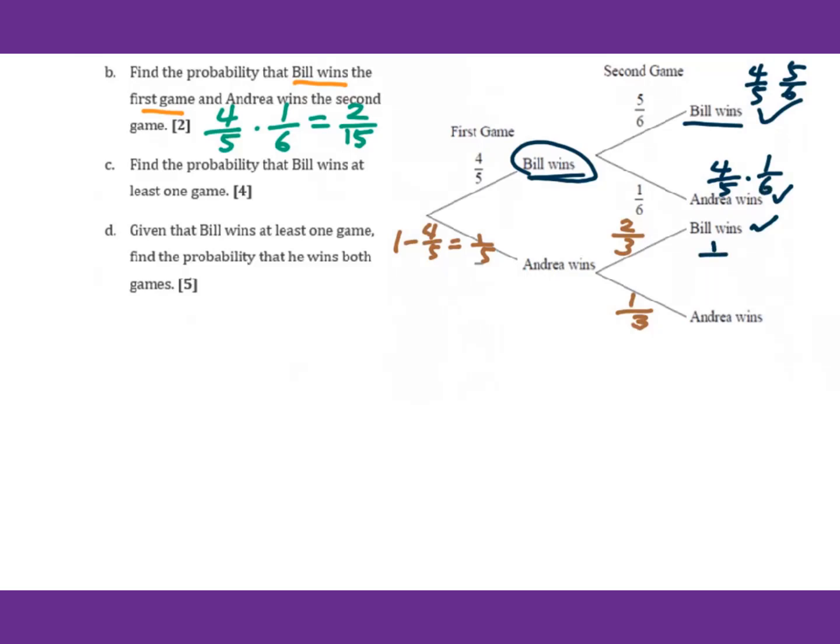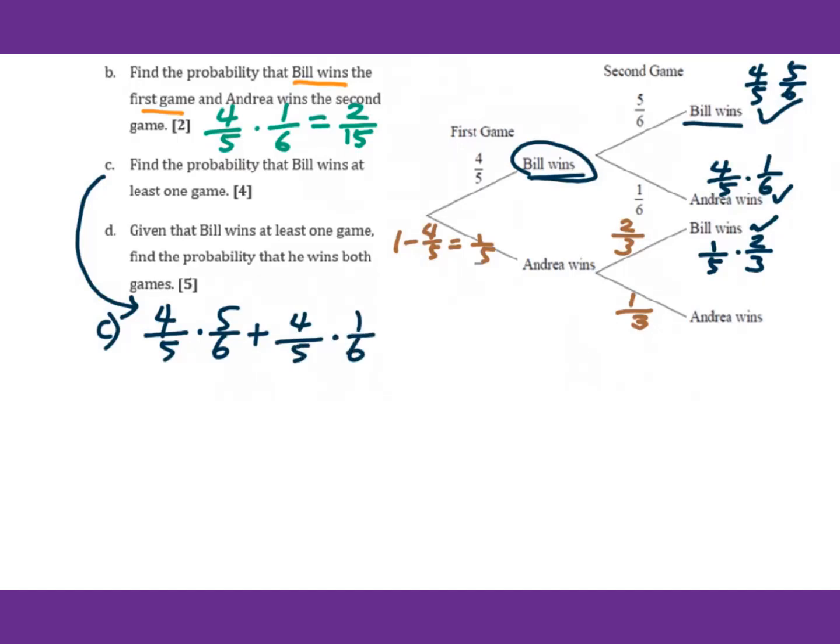Here you do 1/5 times 2/3. Then you add together. This will be the answer for C. 4/5 times 5/6 plus 4/5 times 1/6 plus 1/5 times 2/3. We put it into a graphing calculator, and the answer will be 14/15.